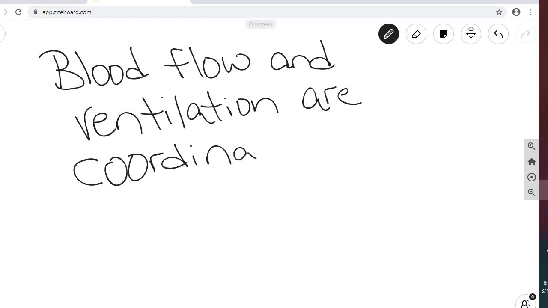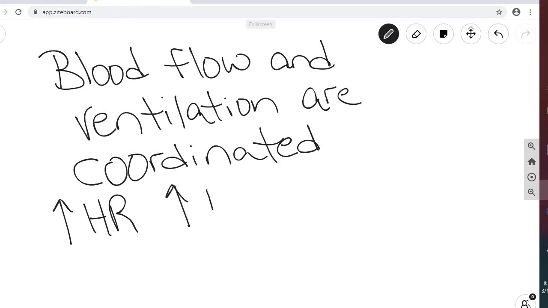What do I mean by that? If you increase your heart rate, if you start exercising and your heart rate increases, that's going to increase blood flow, right?